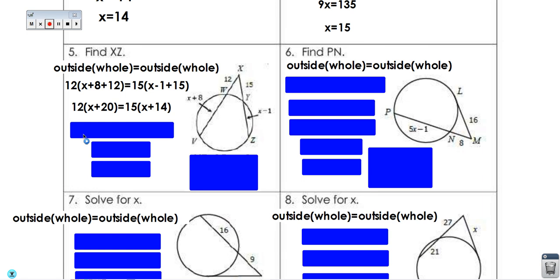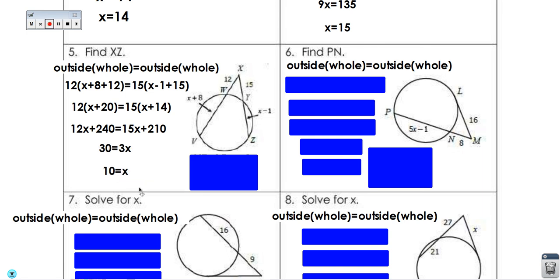Now we're going to use the distributive property, meaning we have 12x plus 240, and then we're going to get 15x plus 210. Solving this should be simple, so take a second to do so. 30 equals 3x, and x equals 10.